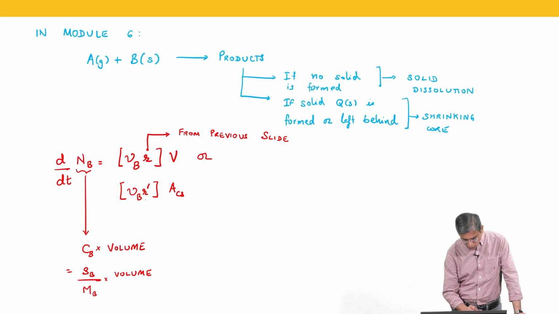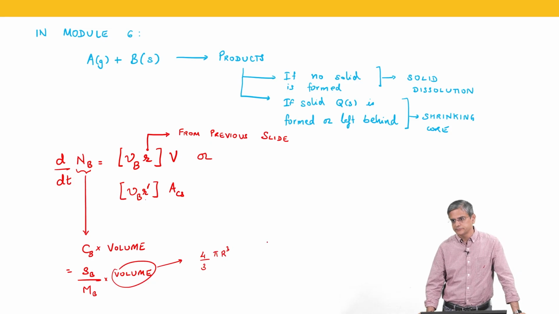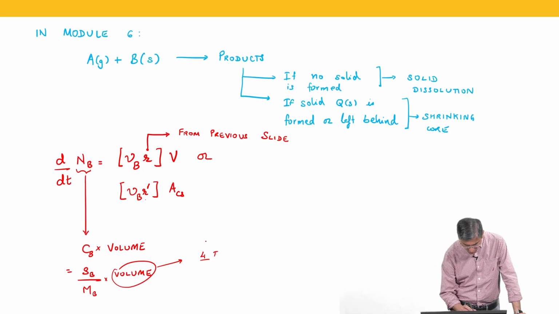And volume is basically 4/3 pi r cube. What if this was not a sphere?